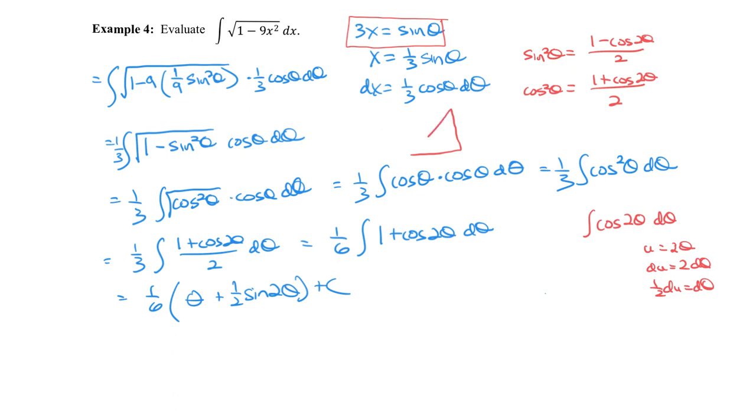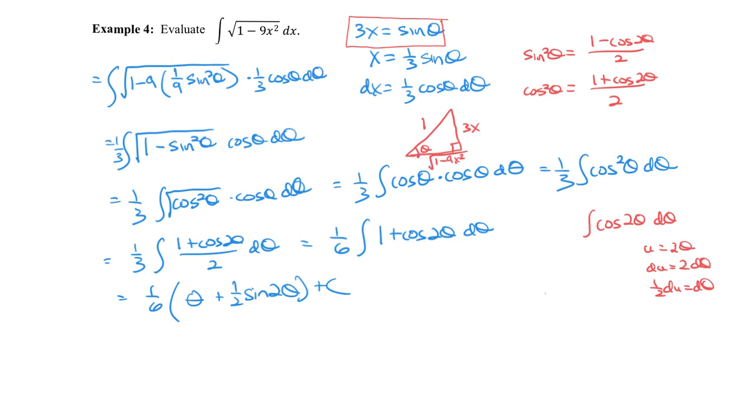So 3x equals sine of theta, which means sine of theta equals 3x over 1, opposite over hypotenuse. Well, we can find the other side by the Pythagorean theorem: this side is going to be the square root of 1 minus 9x squared. And then sure enough, 1 minus 9x squared is our integrand here. So we can use this to find theta.